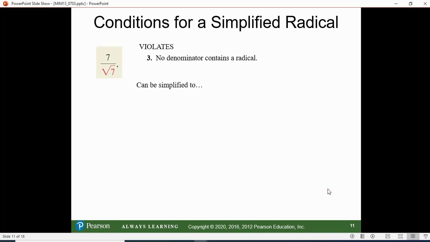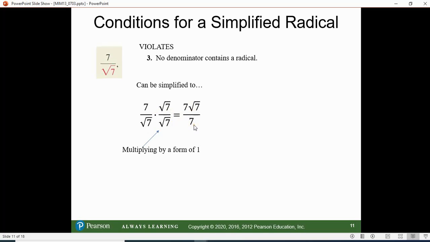All right, and then we said that we could simplify that by multiplying by a form of 1. So what we did was multiply the numerator and the denominator by a form of 1. Square root of 7 over square root of 7 is 1. And what we ended up with there was, using the product rule, we get 7 square root of 7 over 7.